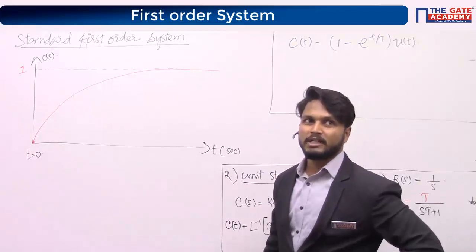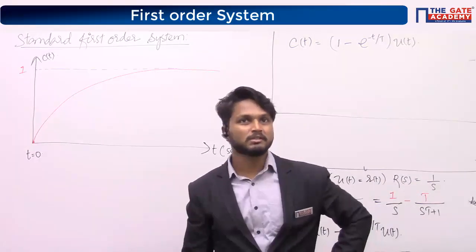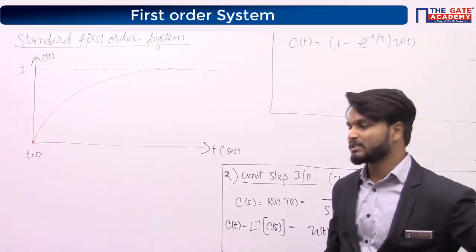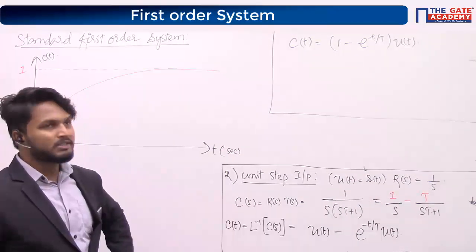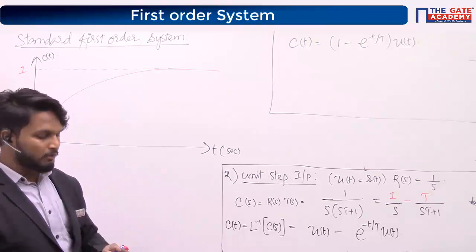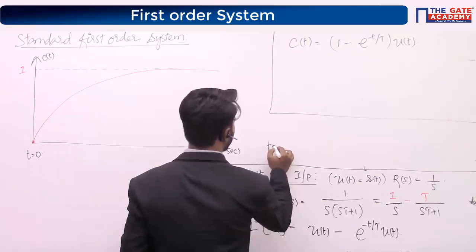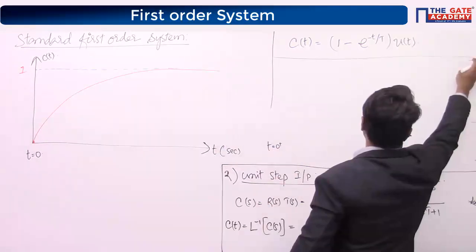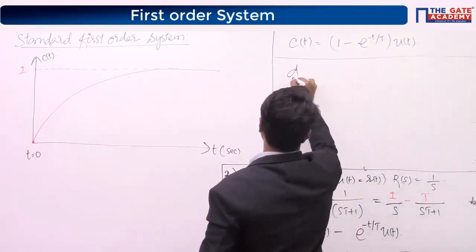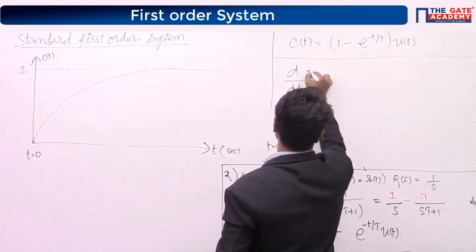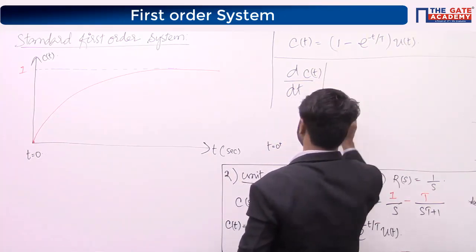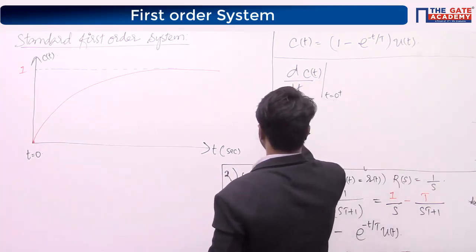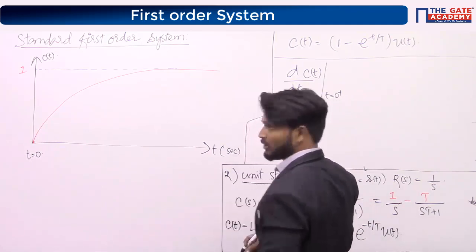So just differentiate the unit step response once. Differentiate the unit step response and put t is equal to 0 plus in that. Tell me the value of d by dt of c of t at t is equal to 0 plus.